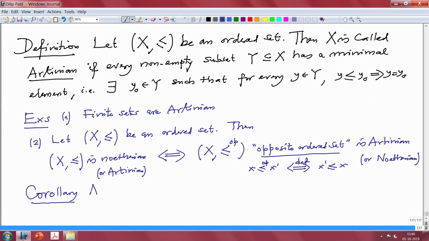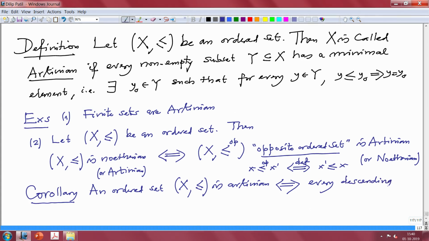An ordered set X, less equal, is Artinian if and only if every descending sequence in X is stationary.